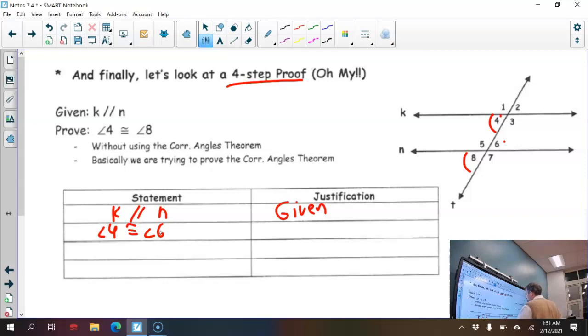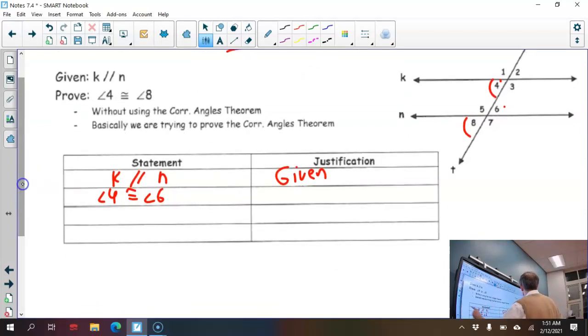It's true because, and this is actually how I write it out, I would say something like alternate interior angles between parallel lines are congruent.